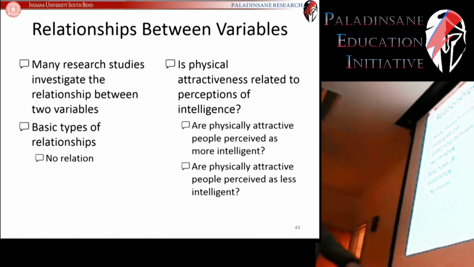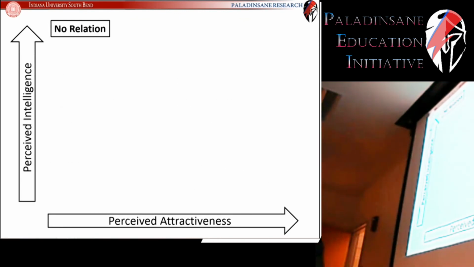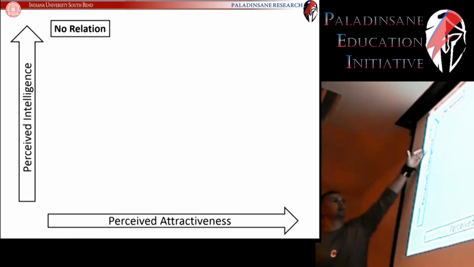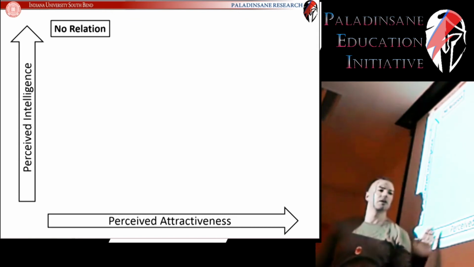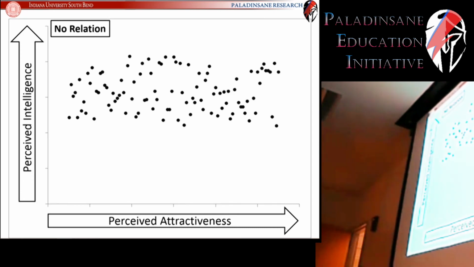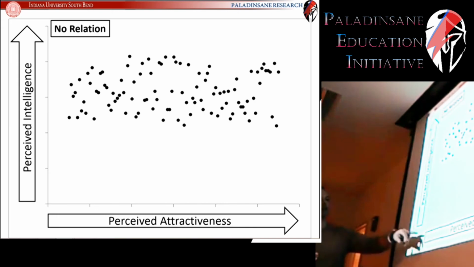So the first one is no relation. And what that looks like is if you've got a graph showing perceived intelligence on the y-axis, perceived attractiveness on the x-axis, that's what no relation looks like. It does not tell you anything.